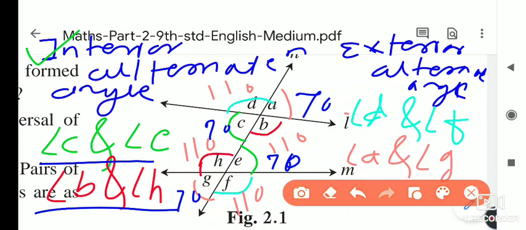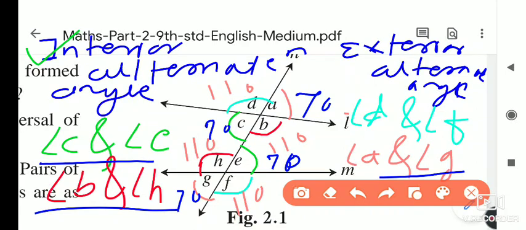Which are the exterior alternate angles? A and G. A's measure is 70 and G's measure is also 70. And last, D and F: 110 and 110 is their measure. So these are the interior alternate angles and the exterior alternate angles.